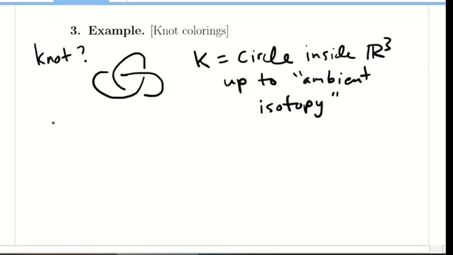So, like, if I look at a diagram here, it turns out this is a fact.